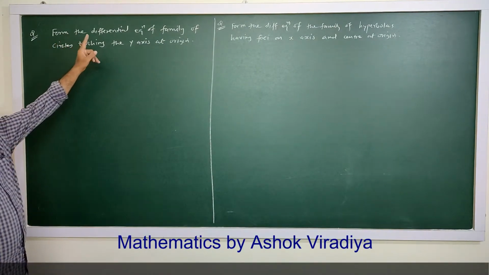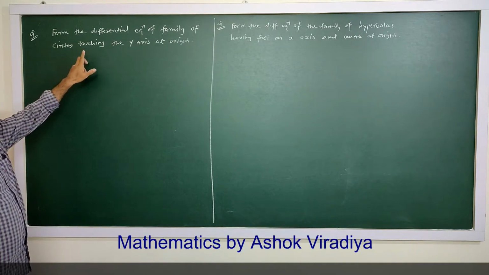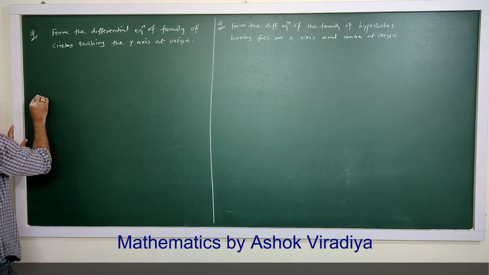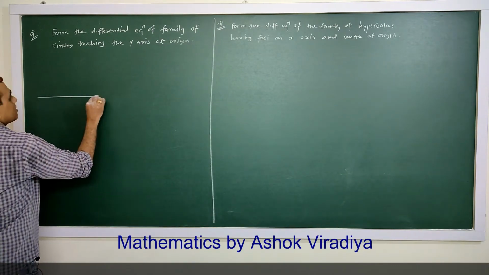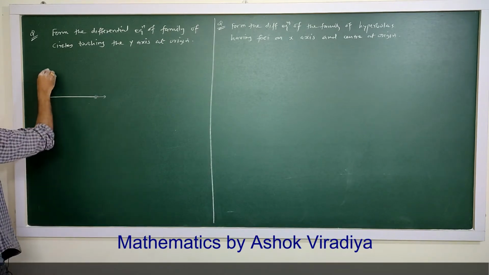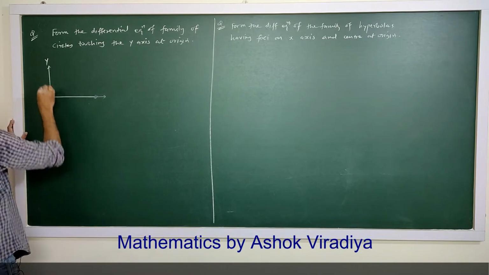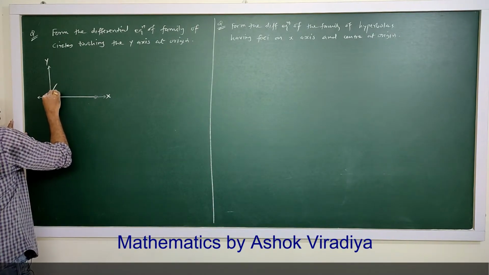Form the differential equation of family of circles touching the y-axis at origin. Say here, if we take a circle touching y-axis, this is y-axis, and the circle is touching y-axis at origin.